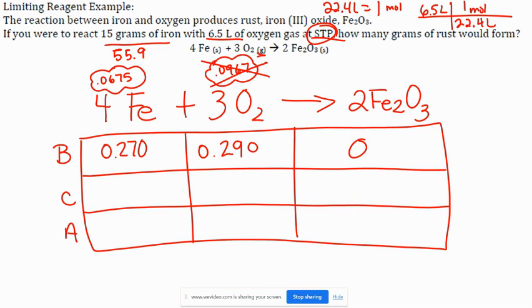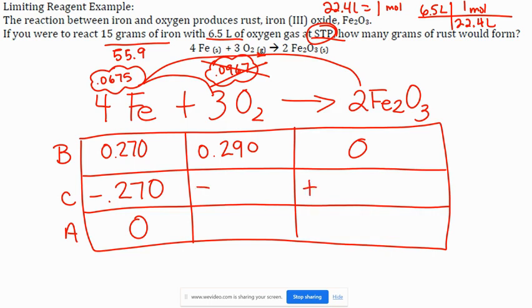All right. So when I am done, I'm going to use up all of this. I'm going to multiply through the coefficients to get these values. So I got to take this and multiply by 3, and I got to take that and multiply by 2 to get this next answer. Now I'm going to be making this stuff and using this up.